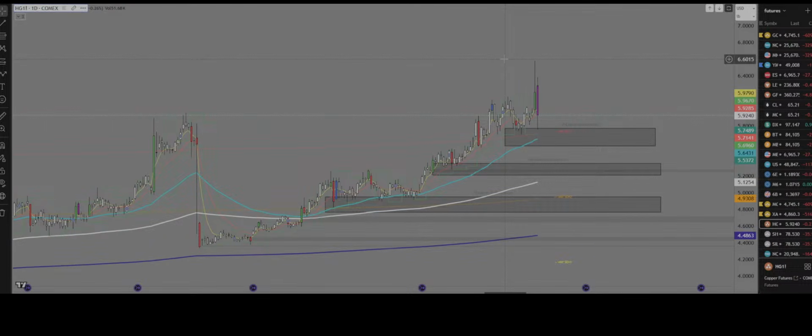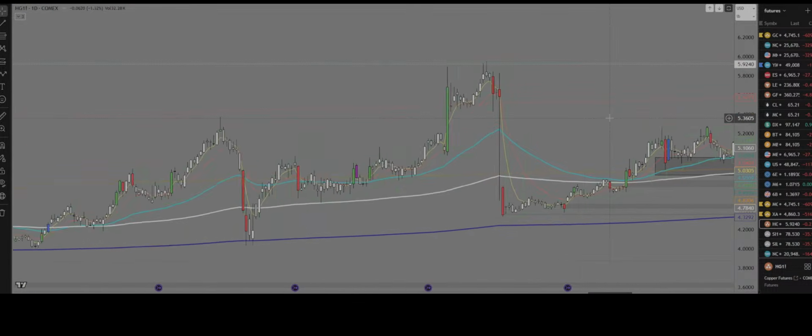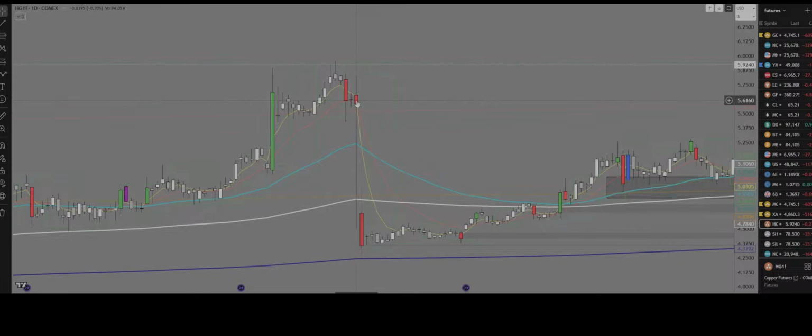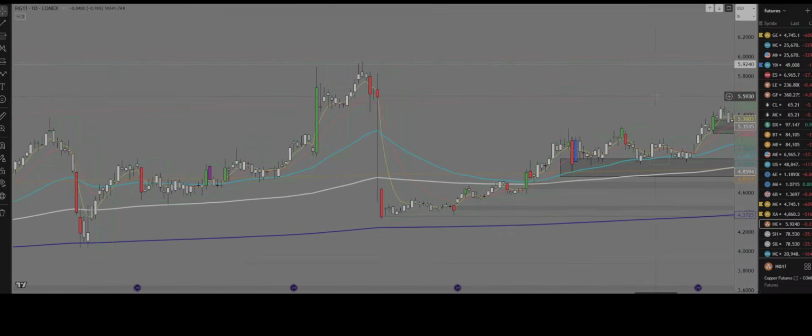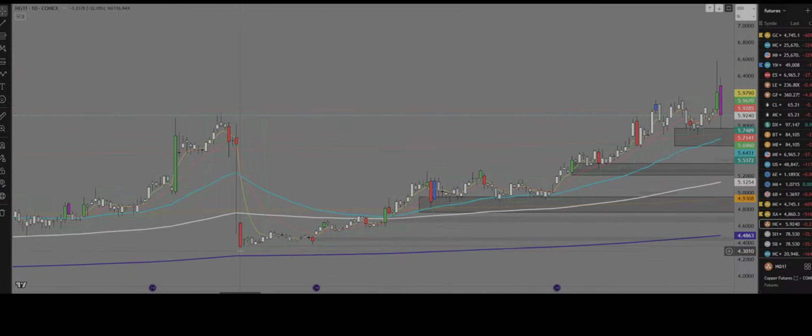Dude, checking out copper. Could you imagine if you were in this trade on copper? When was this? July 30th. That's mad. Look at this wick. That is sheer craziness. Should have bought it.